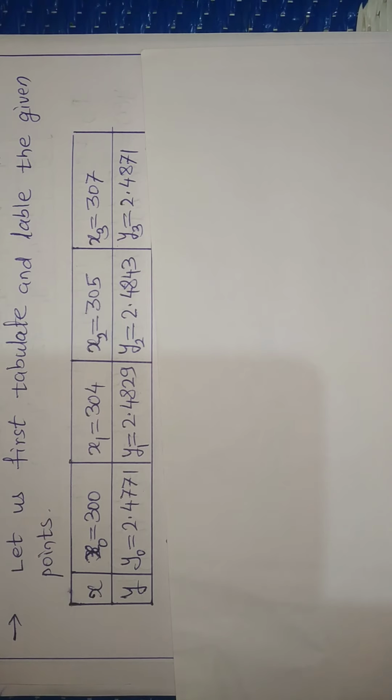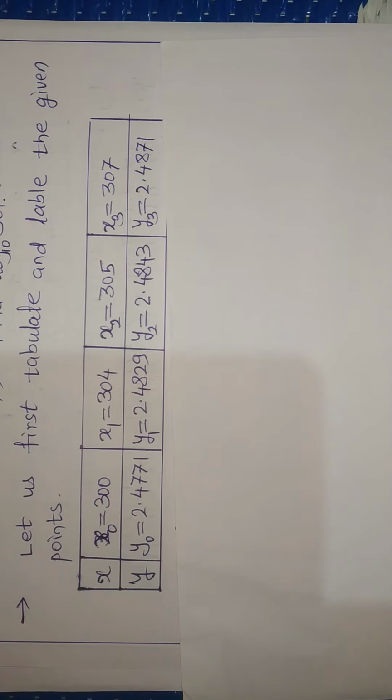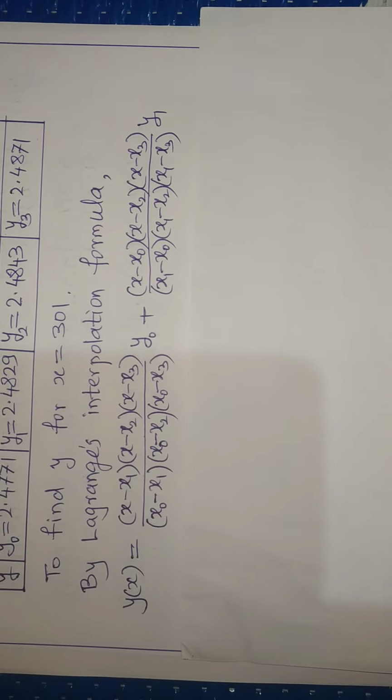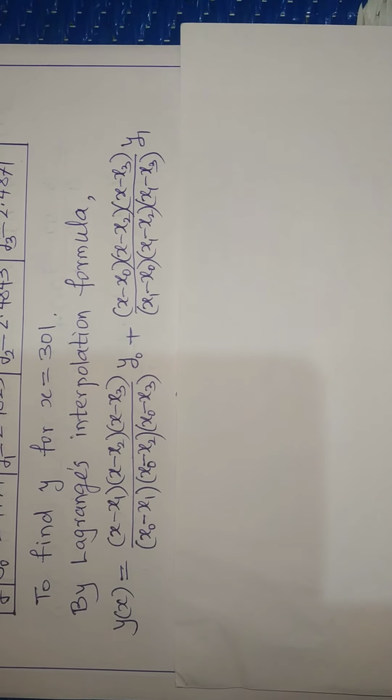The values of y are y0 is equal to 2.4771, y1 is equal to 2.4829, y2 is equal to 2.4843 and y3 is equal to 2.4871. We want to find out y for x equal to 301.